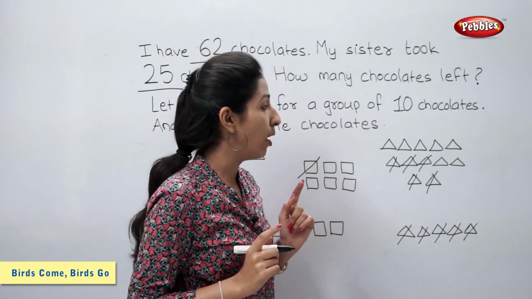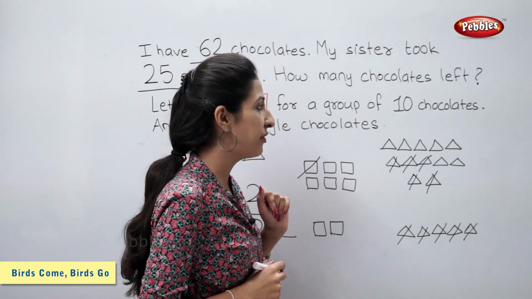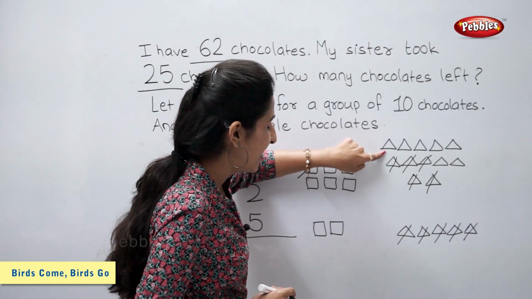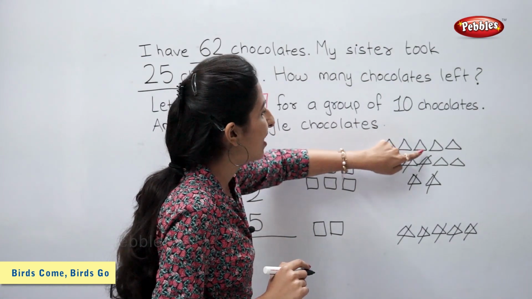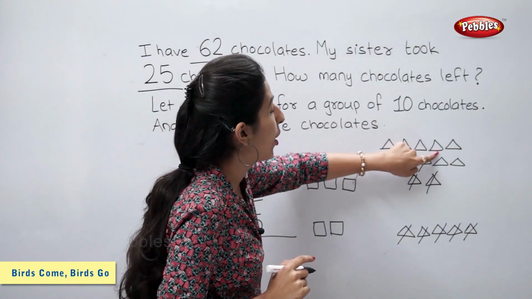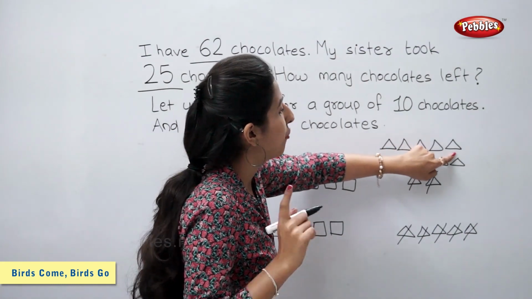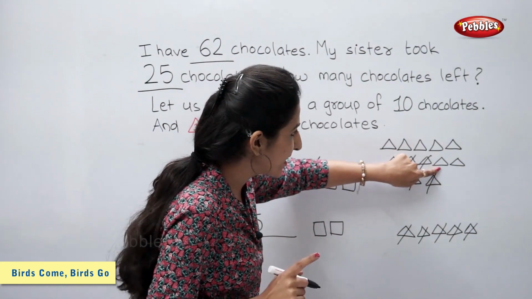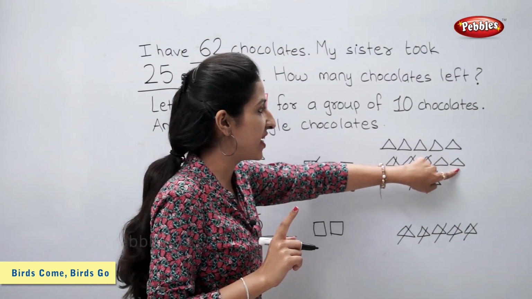Students, now let's count the number of triangles left. 1, 2, 3, 4, 5, 6 and 7.